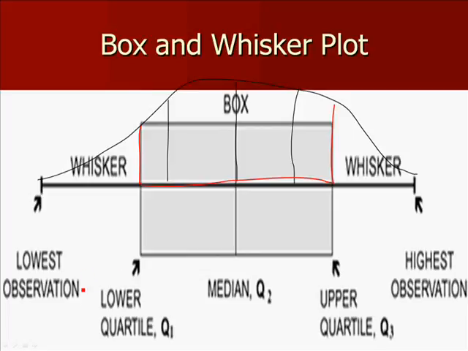Very often what you'll see is these turned on their side, which I want to get to in just a second. But basically it gives you a picture of the range, the lowest score to the highest score, and how these scores are distributed around the middle.